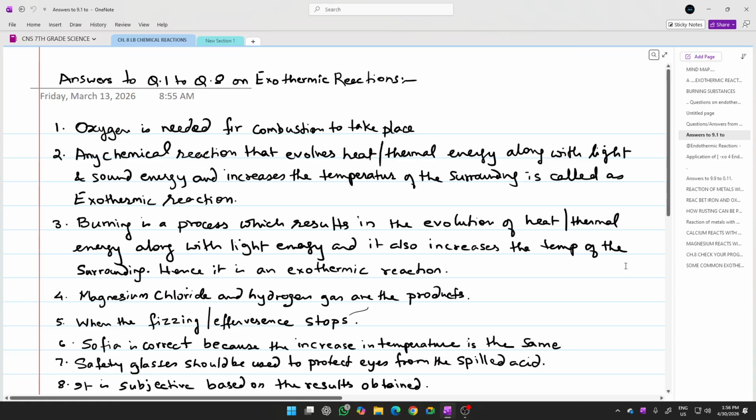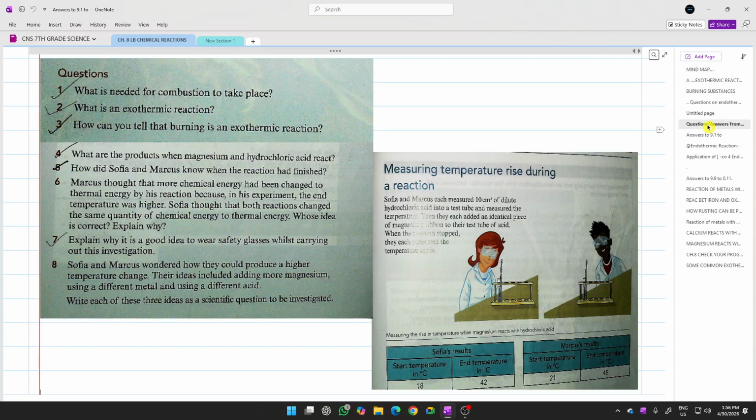Okay. So the answer to question number 5 should be this: when the fizzing or the effervescence stops, then the chemical reaction is finished or over. Okay. So in both the cases, the answer will be the same. In the case of Sophia and Marcus, when the fizzing sound stops or when the effervescence stops, that means the chemical reaction is over.